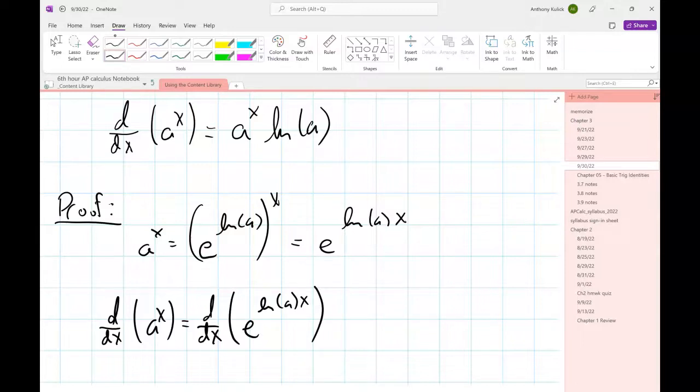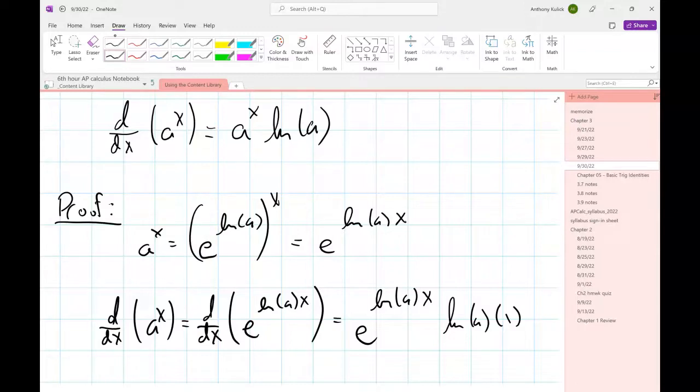So that's a chain rule problem now. The outer function is e to the x, so the derivative is just e to the natural log of a times x, times the derivative of the inner. What's the derivative of natural log of a times x? Natural log of a times 1, right?